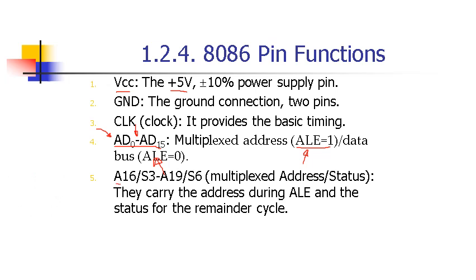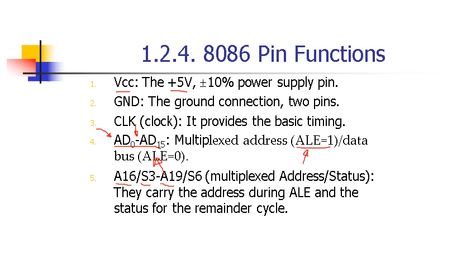This is A16, the address pin number 16, multiplexed with S3, and it is the same for A17, A18, A19. So this is the rest of your address pins, because your address bus is composed of 20 bits. So you need 20 pins to send out an address.